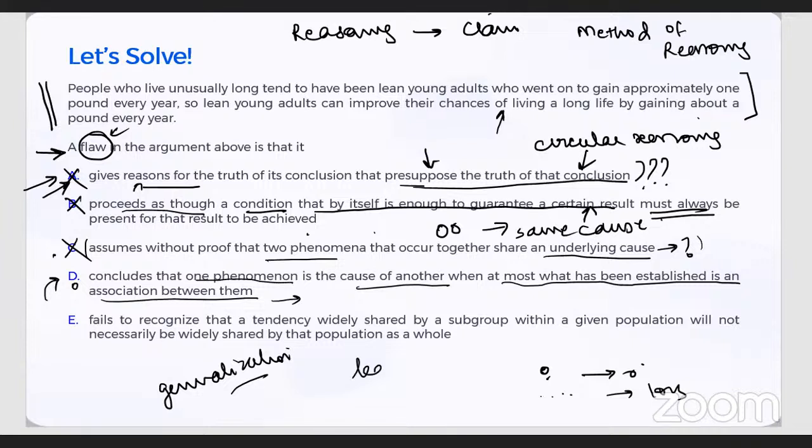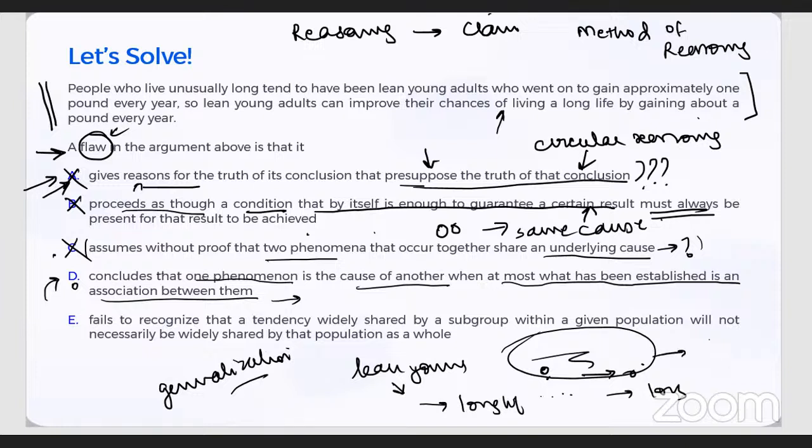It's not saying, hey, look, lean young adults gained 1 pound a year, so all of you, the rest of the population, lean young adults gained 1 pound a year and they lived a long life. Therefore, all of you, whether you're lean or whether you're fat or whether you're tall, go ahead and gain 1 pound a year and you will live a long life. That's not what's happening. But at first glance, this looks really tempting.